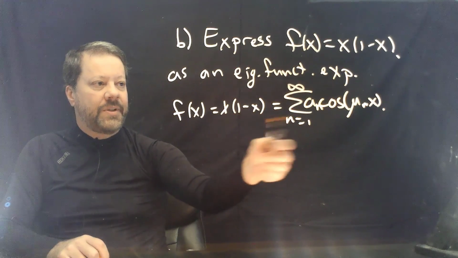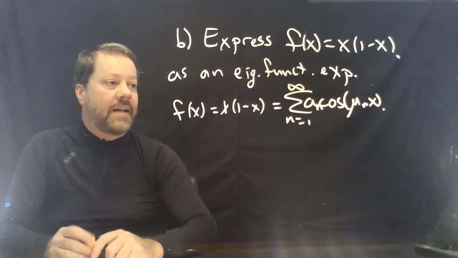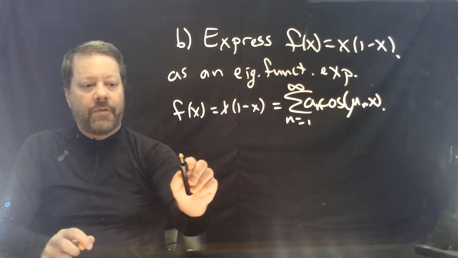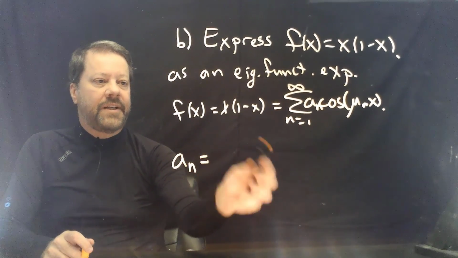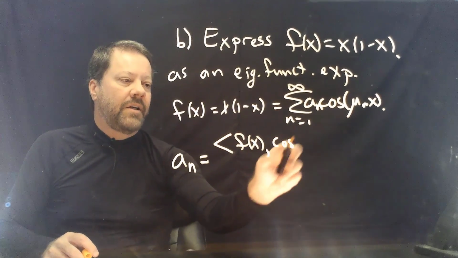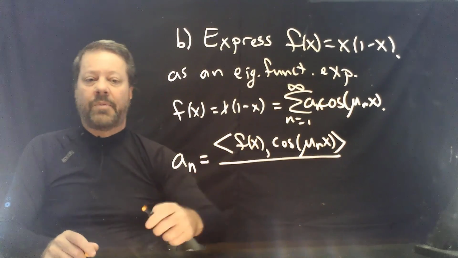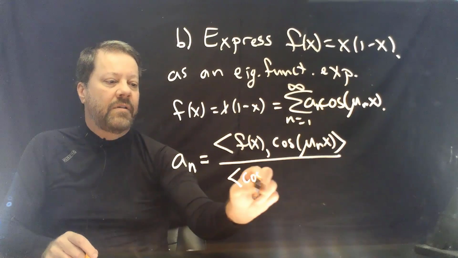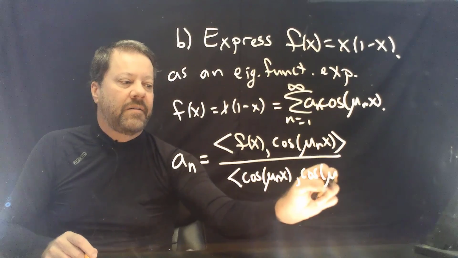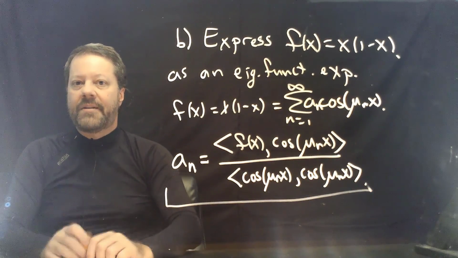All you need to do is to figure out the coefficients a sub n, and to do that, you take inner products with respect to these eigenfunctions, cosine of mu n x. By our Fourier series theory, these should be equal to the inner product of f of x with cosine mu n x, using the appropriate weight, over the inner product of cosine mu n x with cosine mu n x, from our standard Fourier series theory.